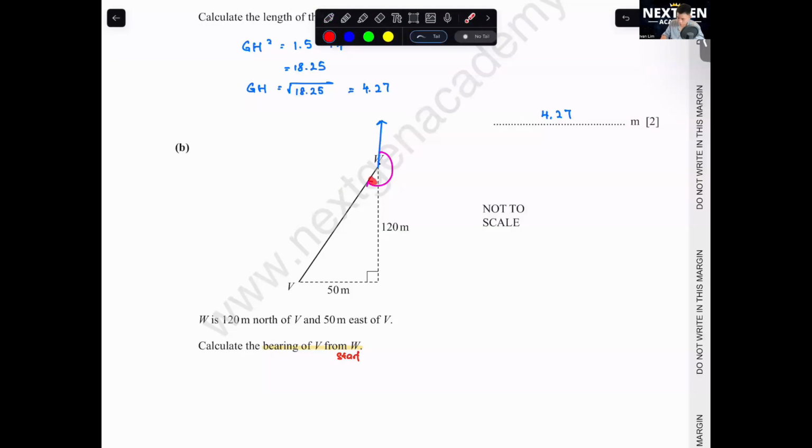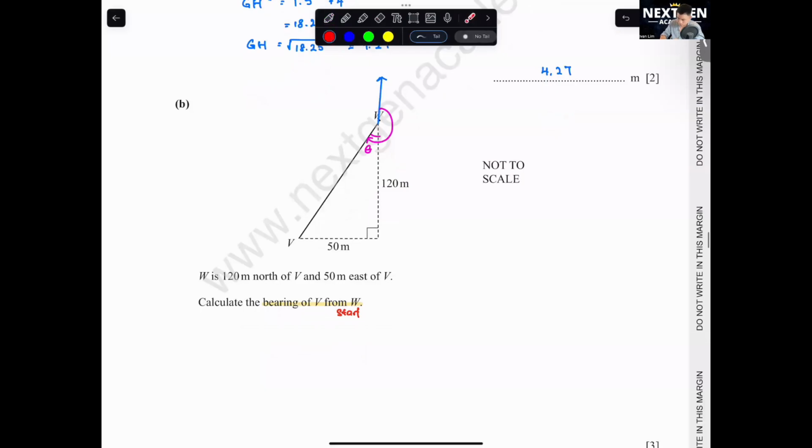What you need to find first is this angle over here, this theta. We can use SOHCAHTOA. Here is opposite, adjacent, so we can use tangent. Tangent theta equals O over A. O is 50, A is 120. Theta is inverse tangent of 50 over 120, which gives 22.6 degrees.